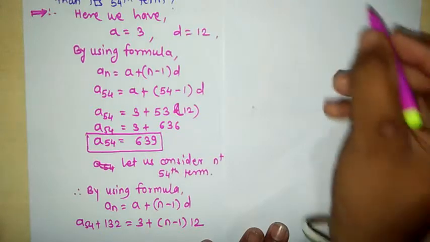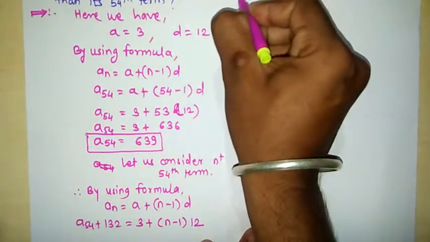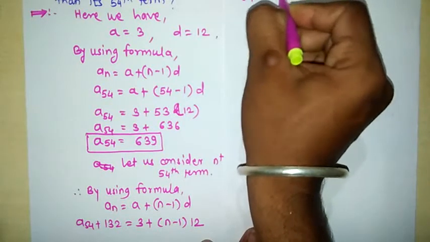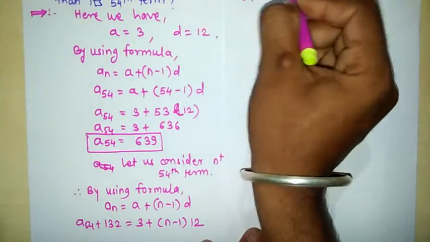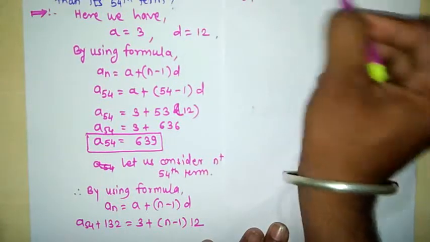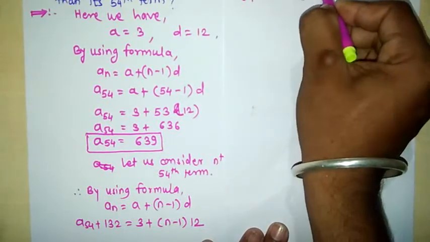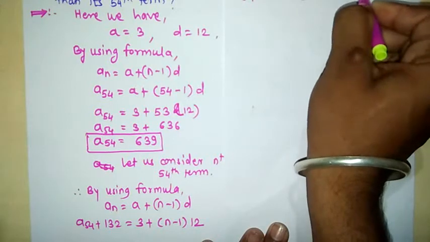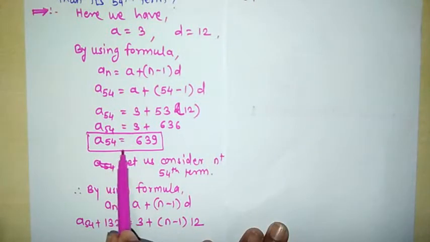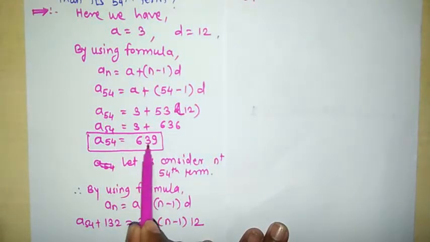Now we will solve the bracket first. A54 plus 132 as it is, which is equal to 3 plus 12 into n, 12n minus 12. Now A54, what is the value of A54? The 54th term value we got is 639.